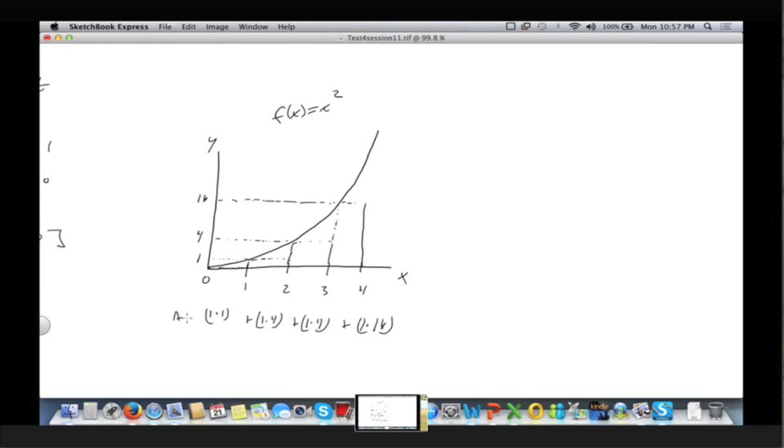So shade the rectangle. Shade the fourth rectangle. Good. What's its height? 16. All right, so did you write that correctly down below? Yeah, 16. Good. Now shade the third rectangle.